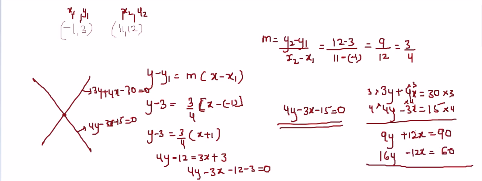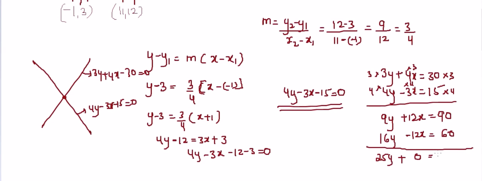Now add them. 12 minus 12 will give you 0. 9 plus 16 will give you 25y, and 90 plus 60 will give you 150. So from here y equals 150 divided by 25, that will give you 6. So the value of y is 6.